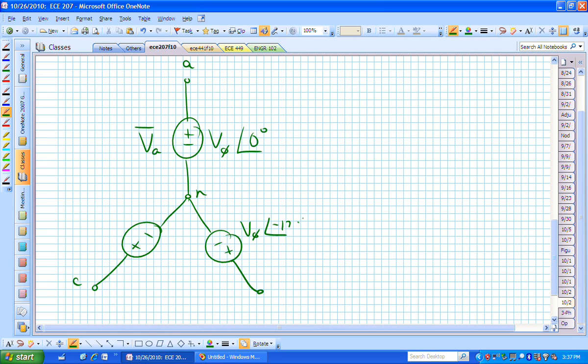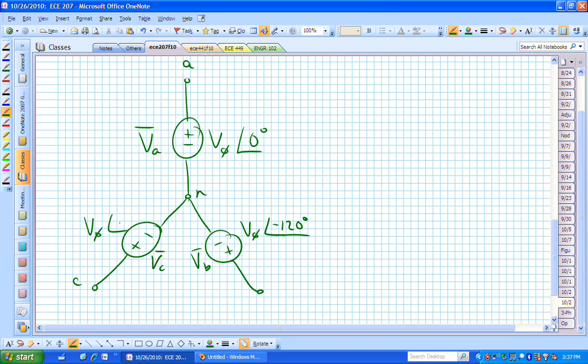This is now behind the A phase by 120 degrees, so this is V sub B. The C phase, let's say V sub C, is behind the B phase by 120 degrees, which makes it minus 240.